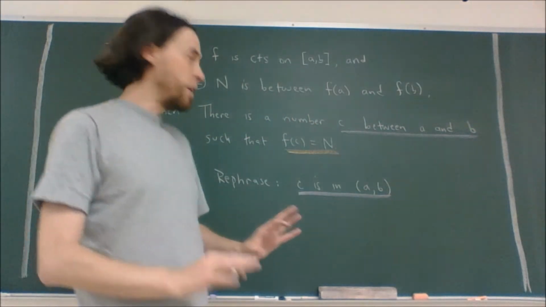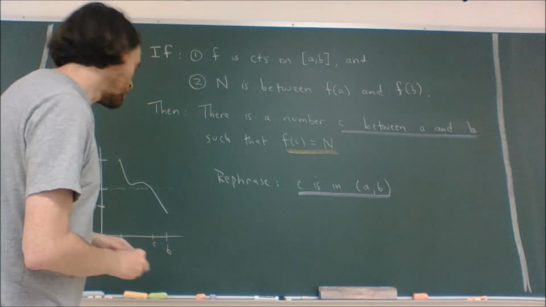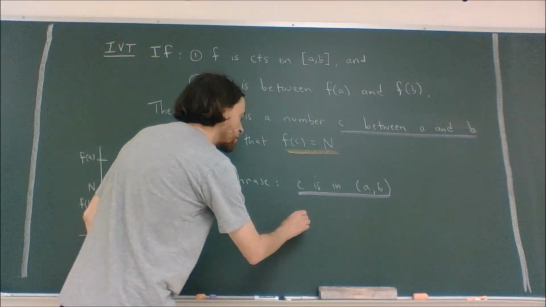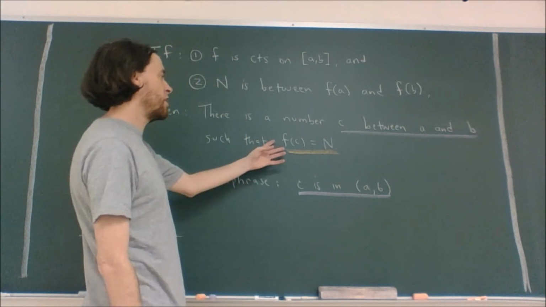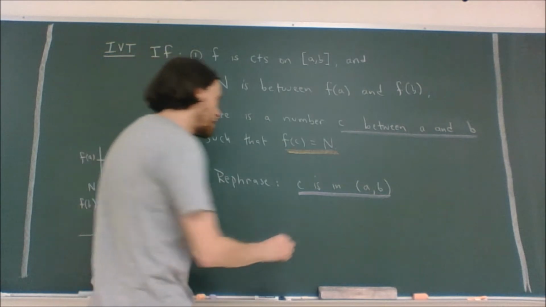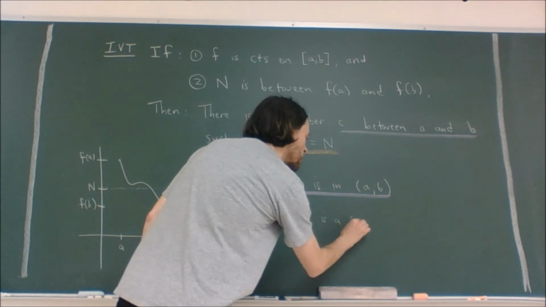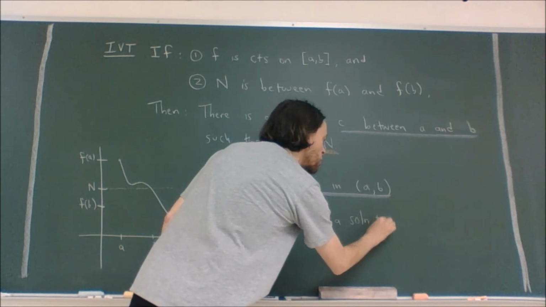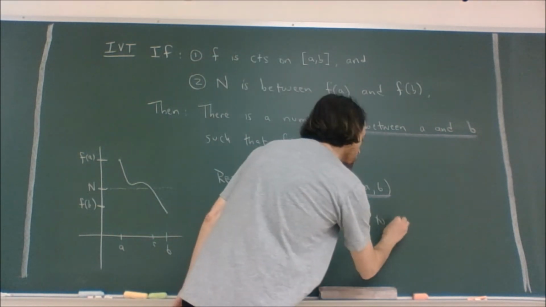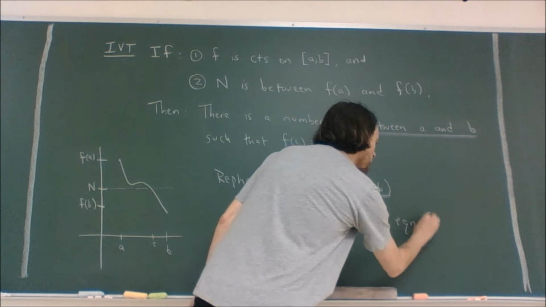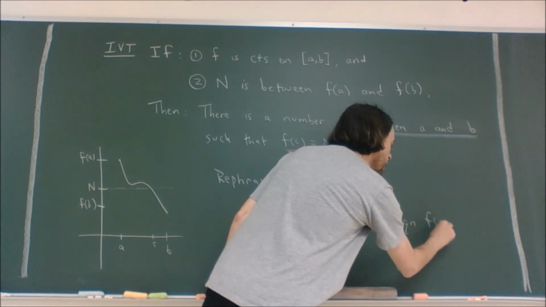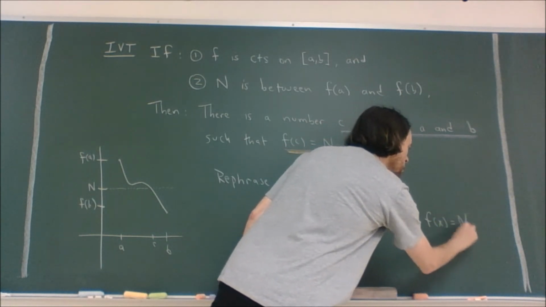Now, interestingly, the rephrasing of the orange statement is like this. Another way of saying that f of c is equal to N is saying that c is a solution to the equation f of x is equal to N. Right?